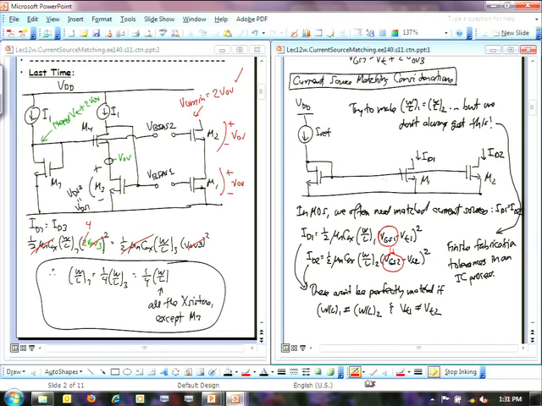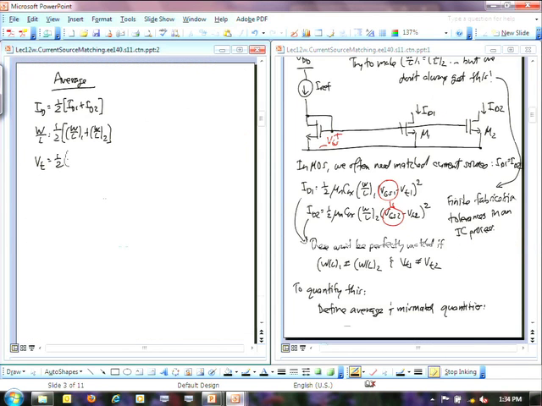For the mismatch, I'm going to call it delta of the quantity. So delta ID is going to be equal to ID1 minus ID2, and I'm going to be careful to keep that convention: it's going to be 1 minus 2 for all of these different things. Of course, I can also define a delta W over L, that's W over L1 minus W over L2.